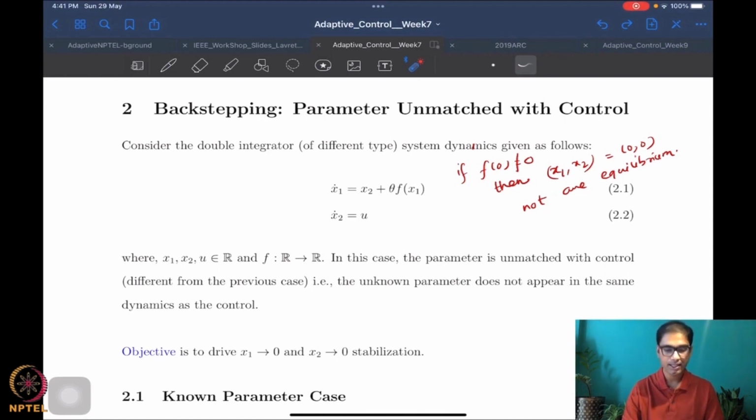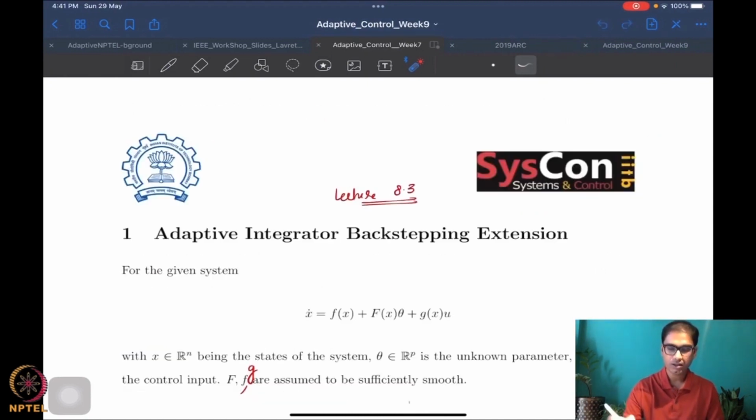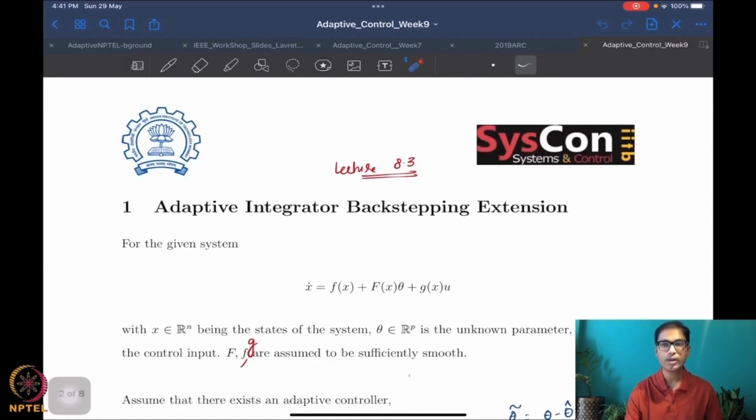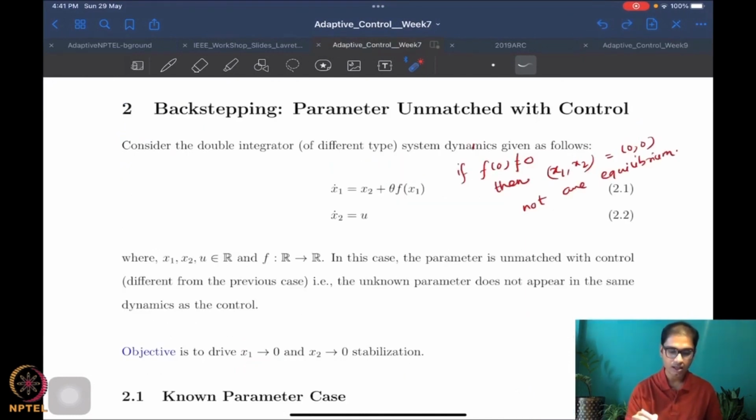Now, what we have started already to look at in lecture 8.3 is how to extend it to the general case, right? Because here everything was a scalar. I mean, you had a scalar x1 and x2 and u, and even the parameter was a scalar.